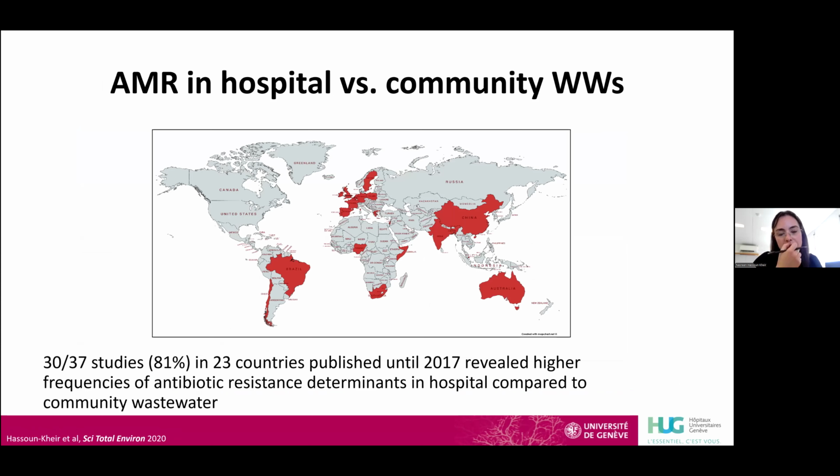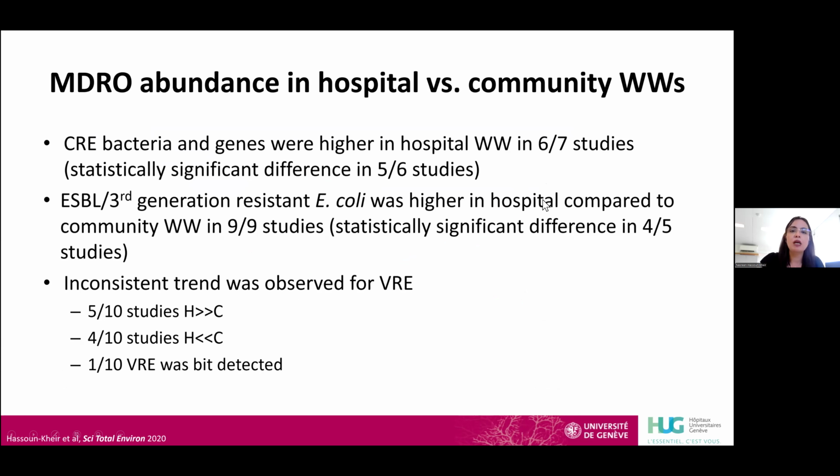So we ran a systematic review of the literature in 2020, looking at wastewaters of hospital versus community in terms of AMR abundance. We included 37 studies up to 2017 that sampled hospital and community wastewater simultaneously, and we found that in most of these studies, resistance was higher in the wastewaters from the hospitals.